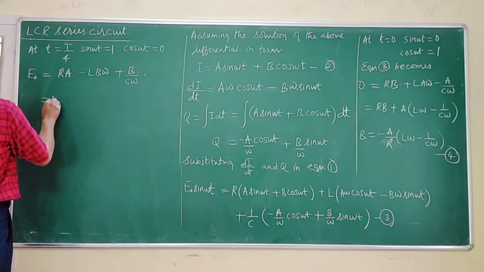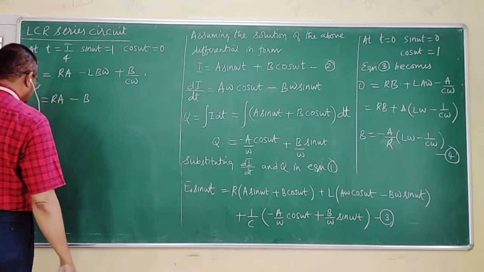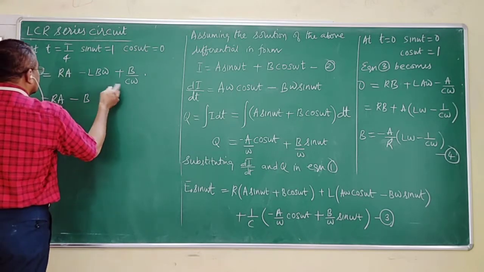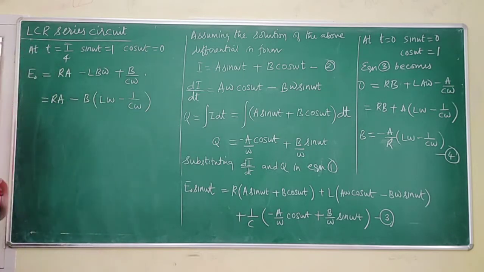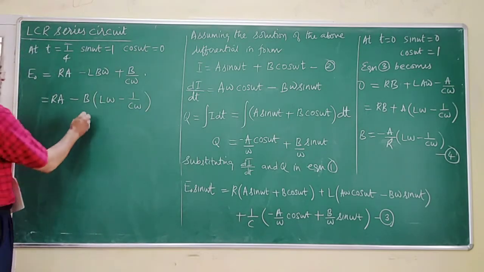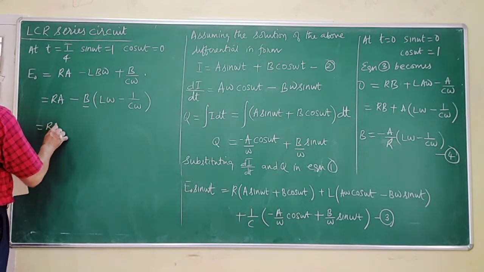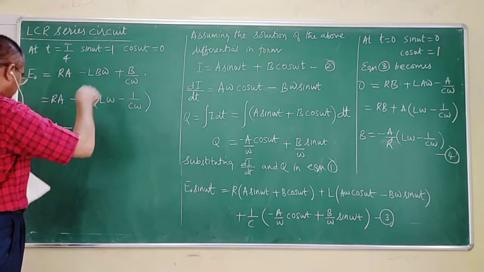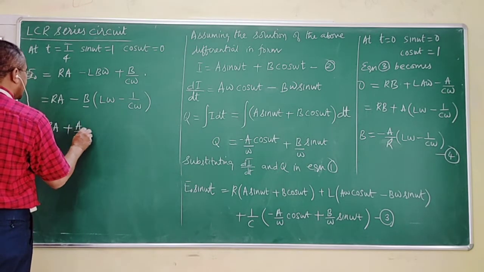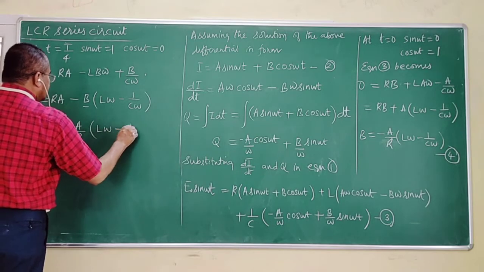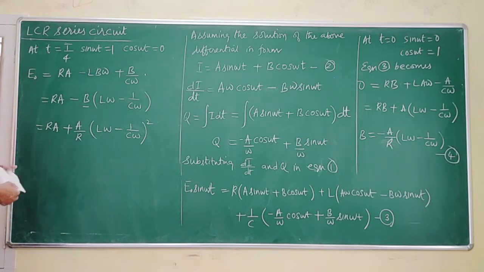So this will become RA minus B times L omega minus 1 by C omega. Is that okay to you? Now from equation 4, I can substitute for B. Therefore, I get RA, and minus times minus will become plus, A by R into L omega minus 1 by C omega the whole square. Is that okay to you, sir?